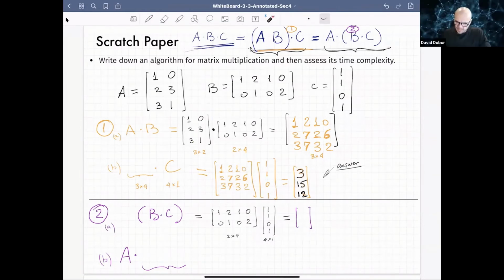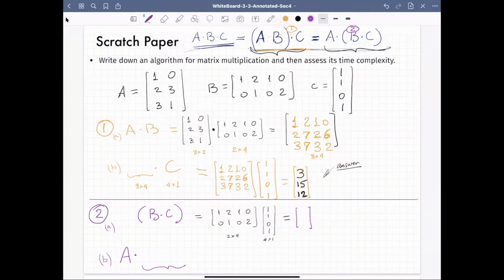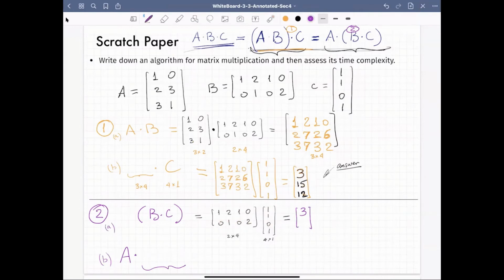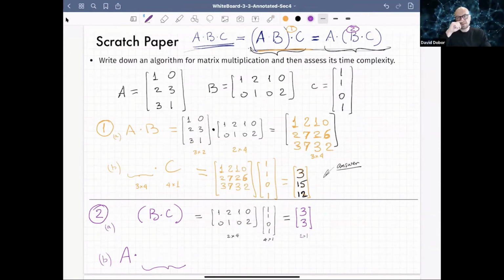Yes, 1 times 1 plus 2 times 1 plus 1 times 0 plus 0 times 1 is exactly 3. And the next works out also to 3, because it's 0 times 1 plus 1 times 1 plus 0 times 0 plus 2 times 1. When you add those up, you end up with 3. So you have this 2 by 1 column vector, 3, 3, just 2 entries.